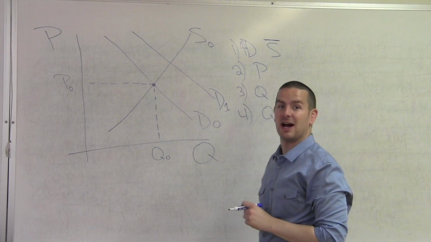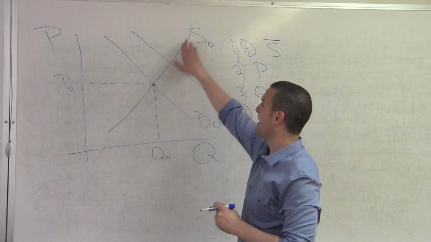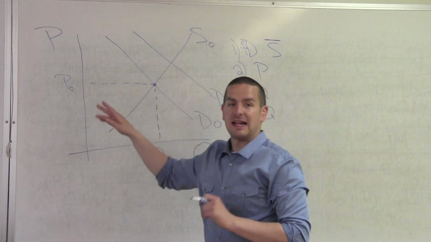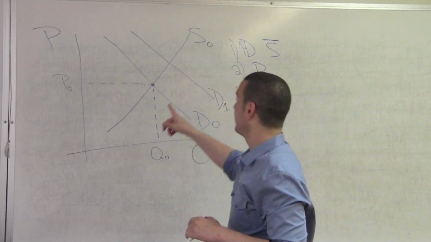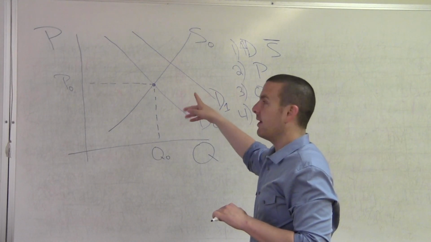So supply is constant, okay? Because nothing has changed. We still have our supply curve right here. That's step 1.